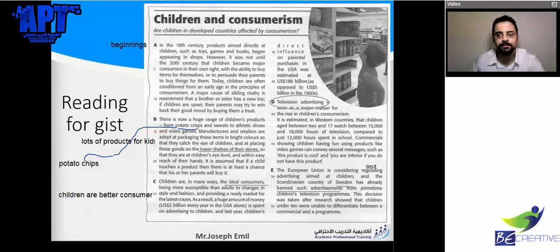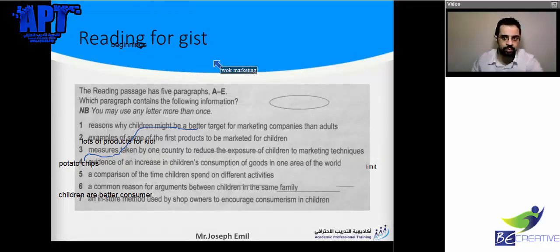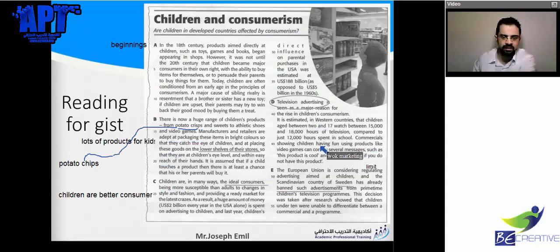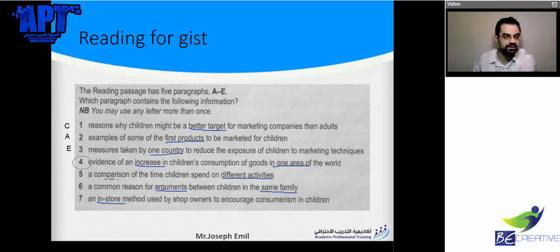By the way, if you feel that you'll be spending a lot of time on one question, just put a circle on it, skip it, and move on to the next one, so that you don't waste much time. A comparison of the time children spent on different activities. All right? So here we are comparing television with things like schools and so on. So it's definitely D. Comparison, D.